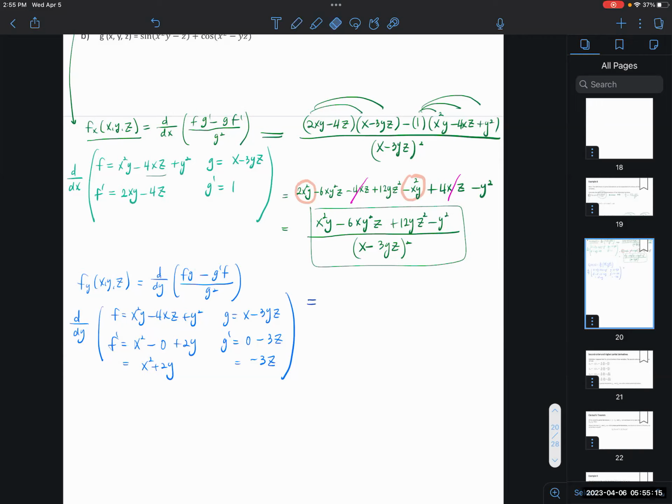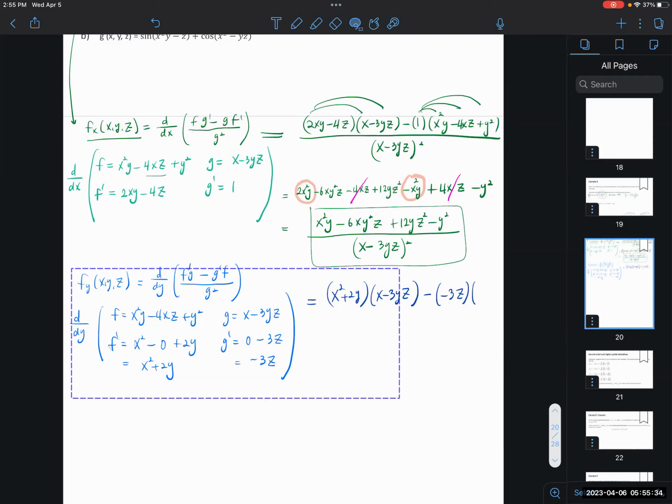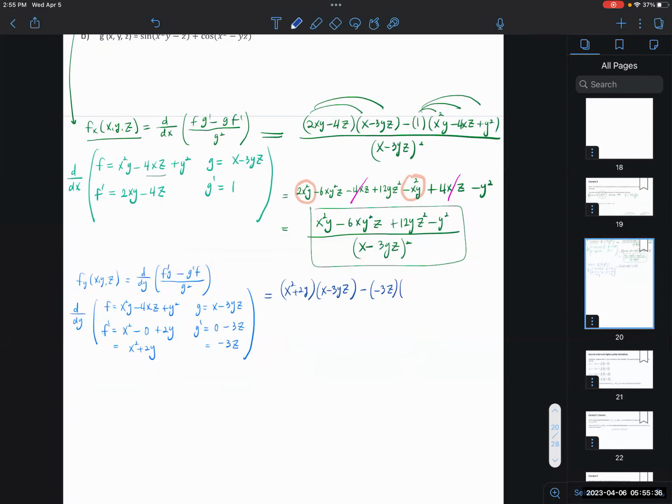So f prime is x squared plus 2y, g is x minus 3yz, minus g prime, negative 3z, and f is pretty long. So let me minimize it. f is x squared y minus 4xz plus y squared, over x minus 3yz squared.